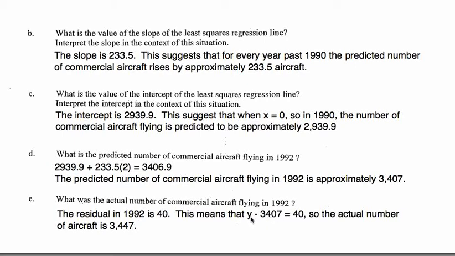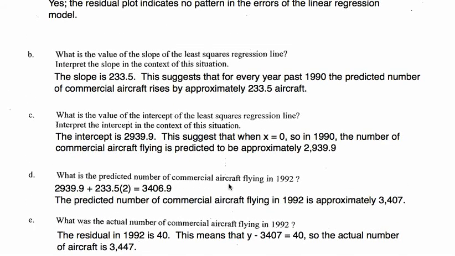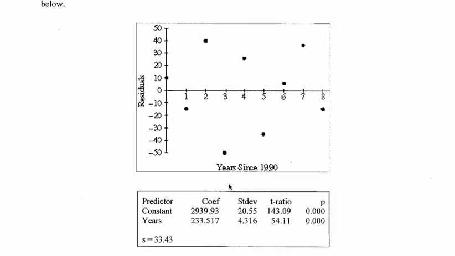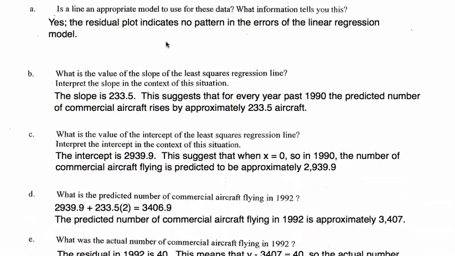So notice the actual value of y that we're trying to find minus the predicted value in 1992 should equal the residual from 1992. And I can read the residual for 1992 off of the residual plot. So 1992 is represented right here by an x value, an explanatory value of 2. That residual is positive 40. I can read that off of the residual plot.